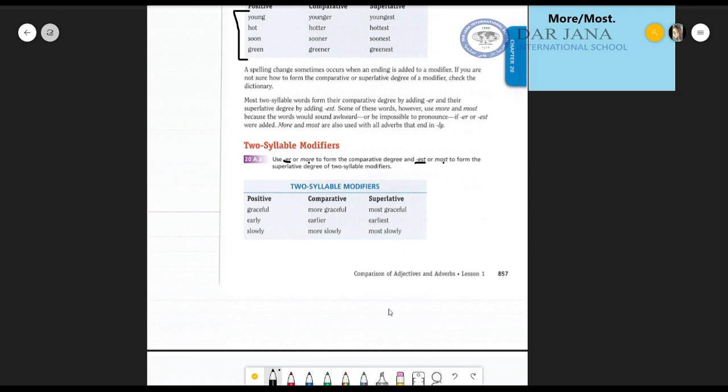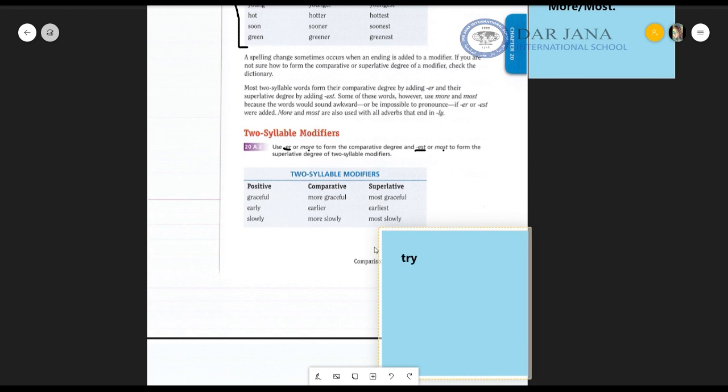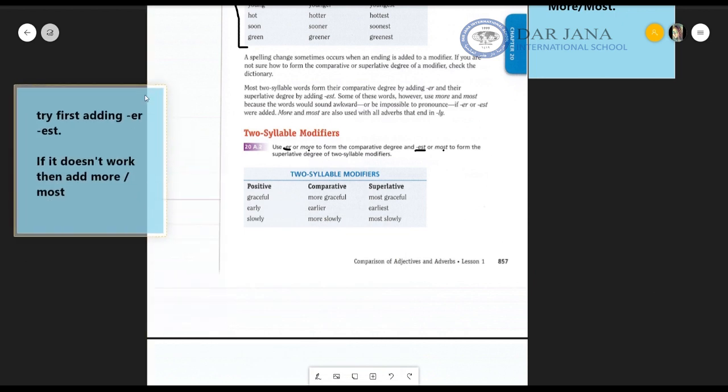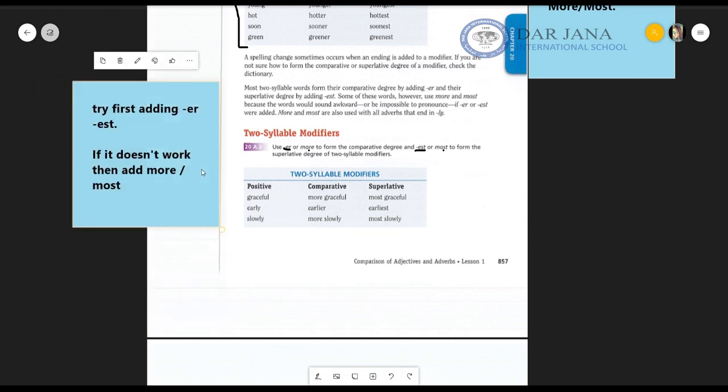You're going to have to try first adding ER or EST, and if that doesn't work, then add more or most, again depending on what the question is asking of you.